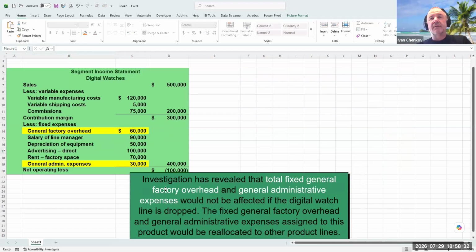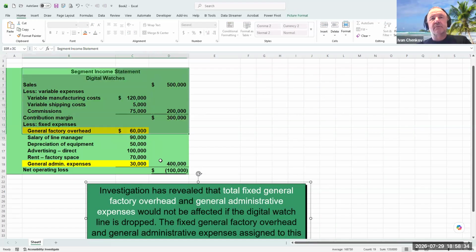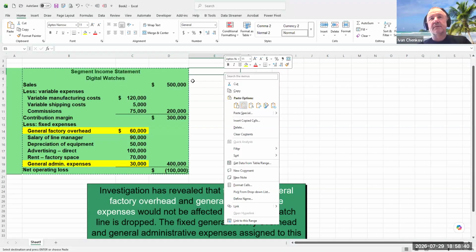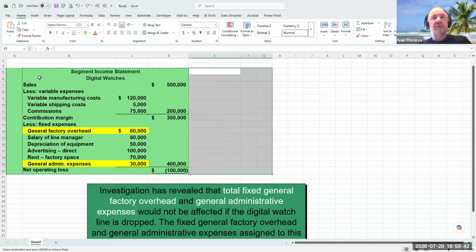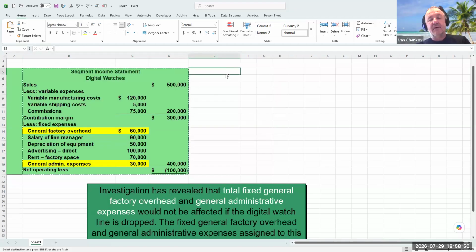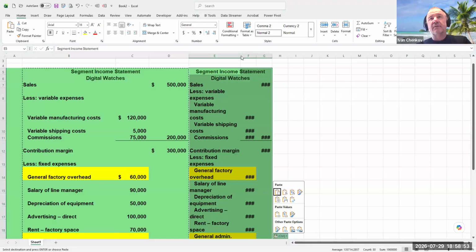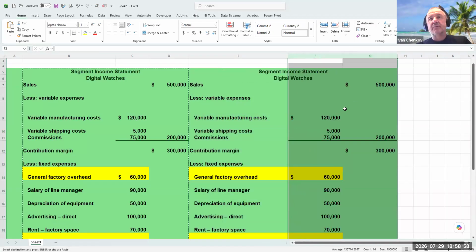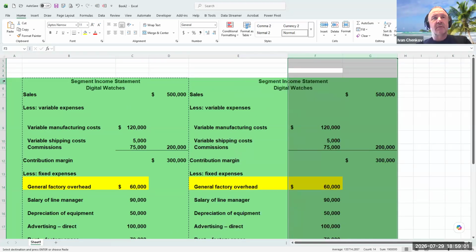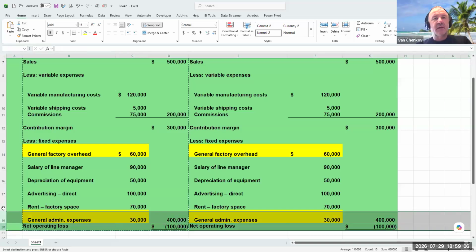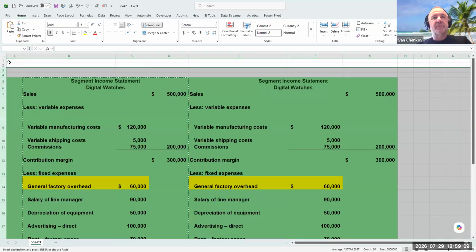So what's going to happen if I decide to eliminate this division? What's going to disappear and what's going to stay? Let's see what the effect will be. As we can see from the additional information, the yellow is going to stay and the green is going to disappear.